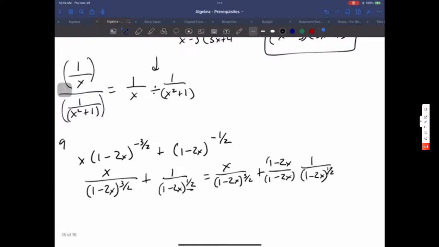These technically should be in parentheses as well, but they don't have exponents, so you don't have to write them in parentheses. When you do that, it's very simple. This goes to the 3/2, and this multiplied by 1 is just itself. So we have x over 1 minus 2x to the 3/2 plus 1 minus 2x over 1 minus 2x to the 3/2.